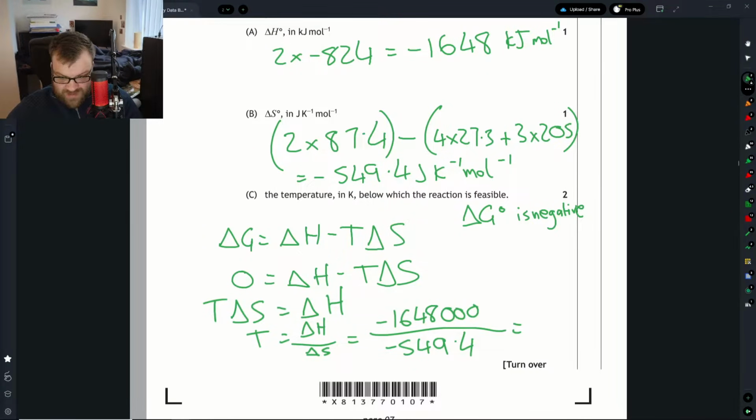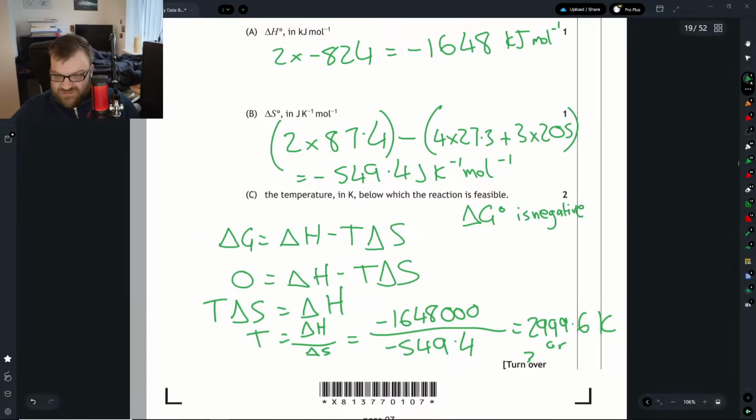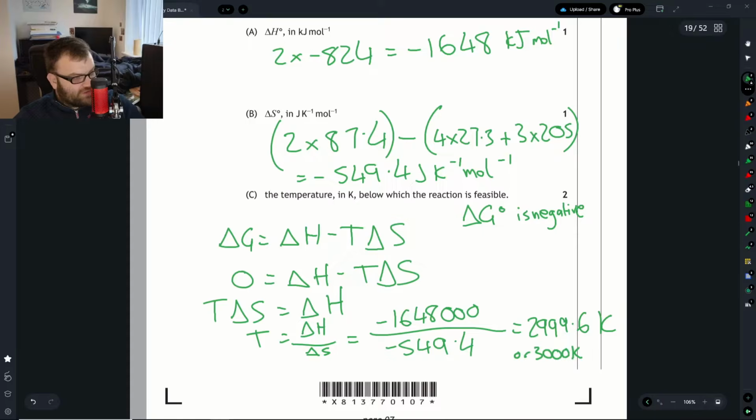So that then gives an answer of 2,999.6 Kelvin. Probably just put that as 3,000. That would give you your answer there. So that is the temperature at which, below which it will become feasible, because when you go below that number, that will make your delta G not be negative, and that means it's a feasible reaction.